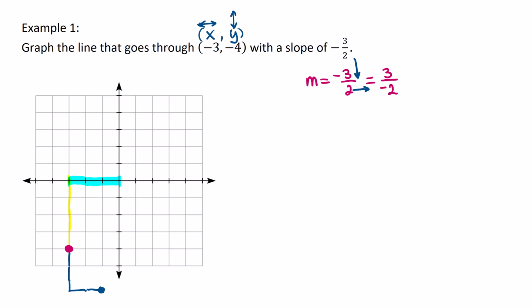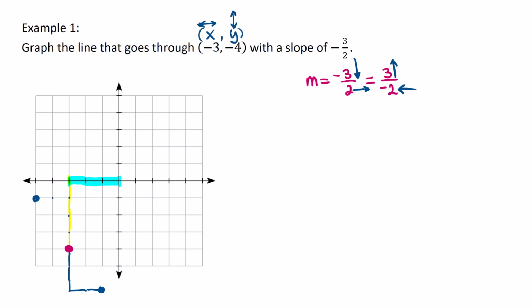that's great and all, but it's off the graph. And so that's not as helpful as if we counted up 3 and to the left 2, which in slope counting is equivalent. So we're going to count up 1, 2, 3, and to the left 1, 2, and that is on the graph.